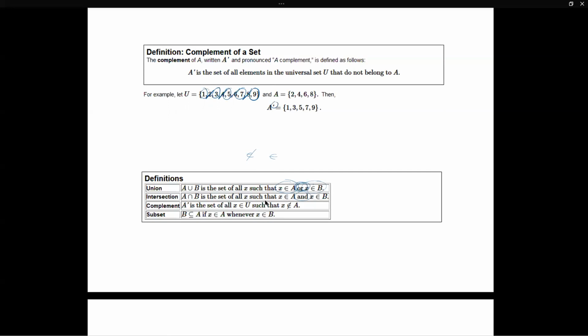This one is or, this one is and, which means the intersection or the overlap. And there is the complement, with that symbol, and the subset, if X belongs to A whenever X belongs to B.